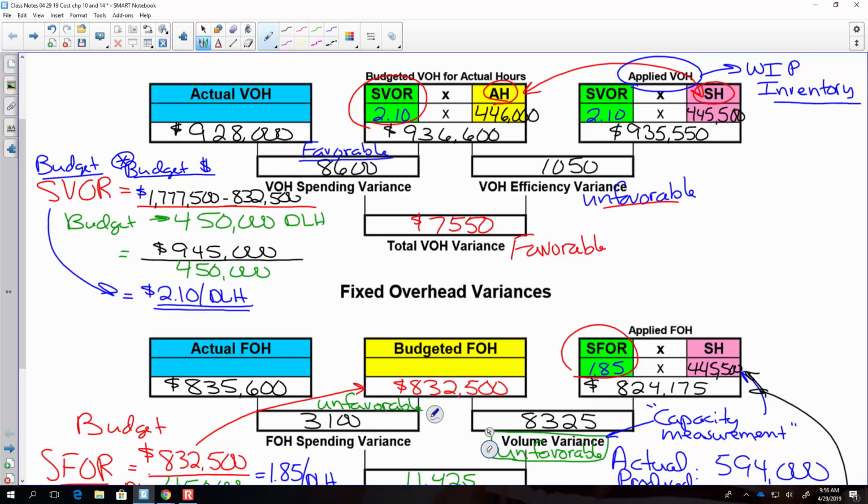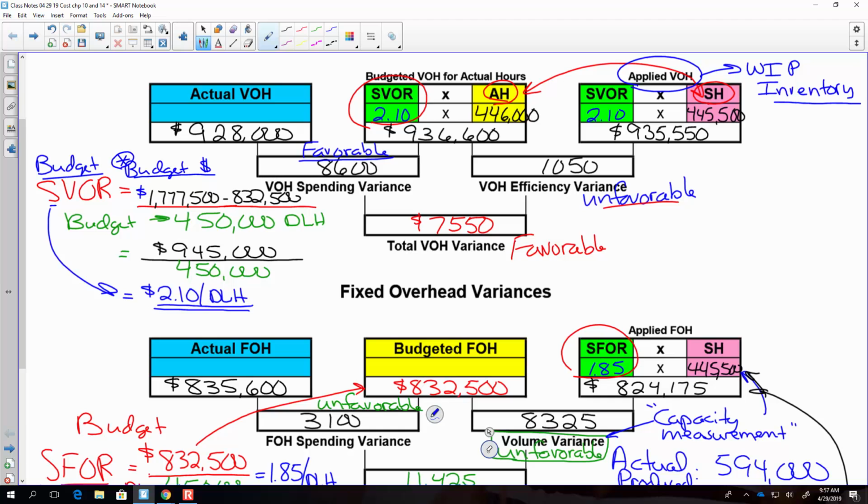Okay, my next question is, for variable overhead, what's my predetermined overhead rate? The 2.10, right?